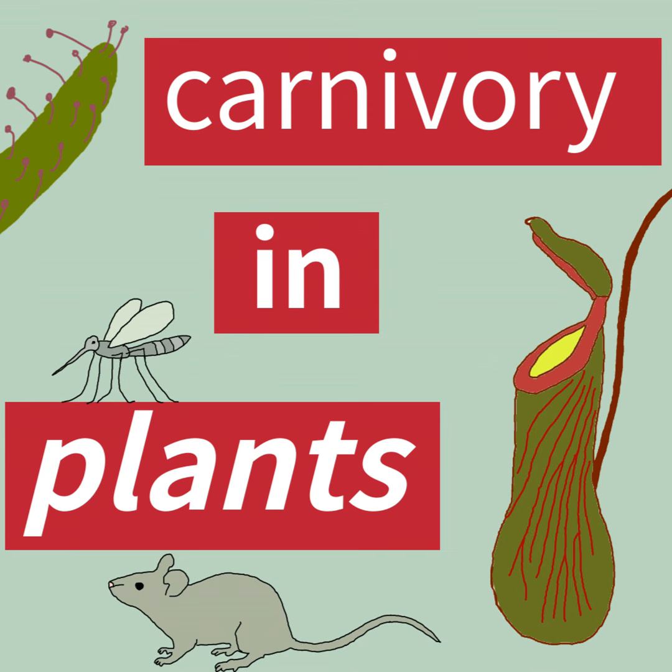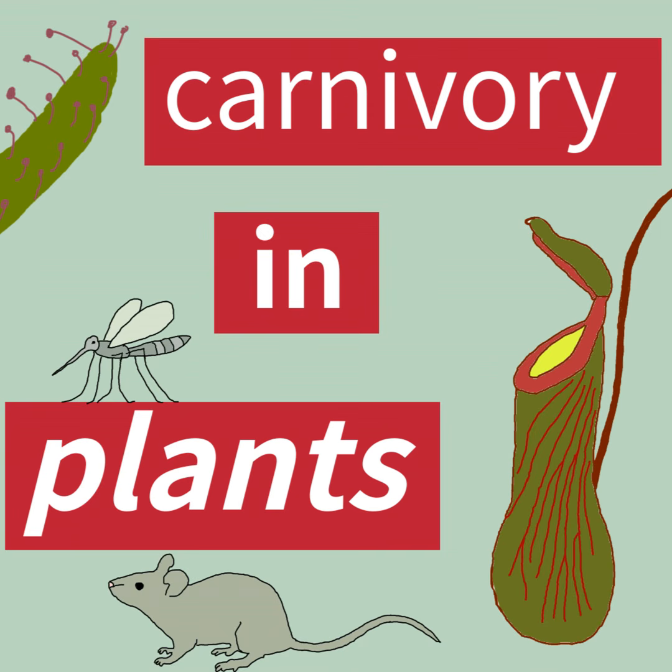So the insect is going to be basically dissolved and dismantled by various means. So we've got mutualistic bacteria in the pit that secrete digestive enzymes, or enzymes secreted by the plant itself.